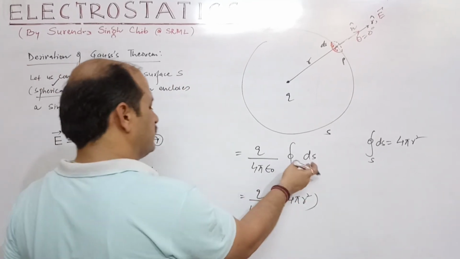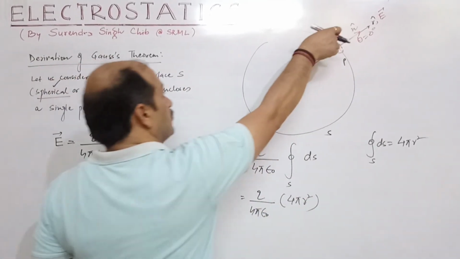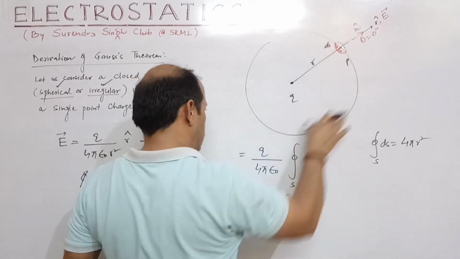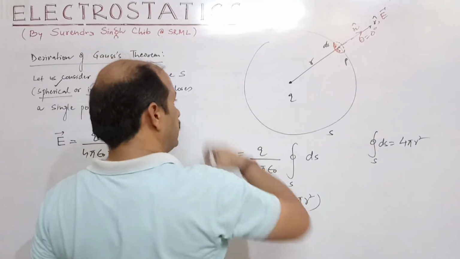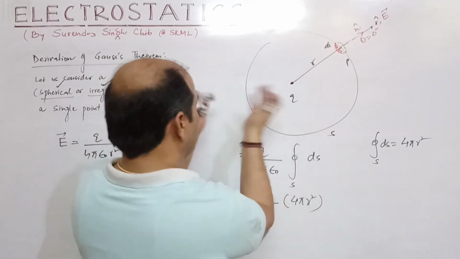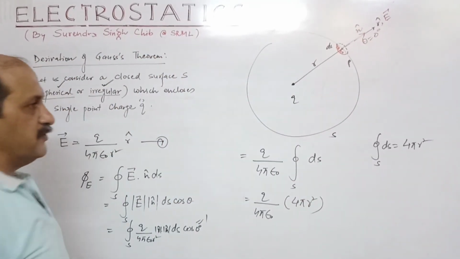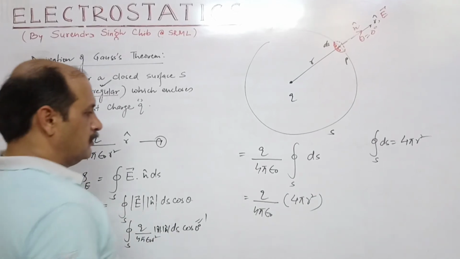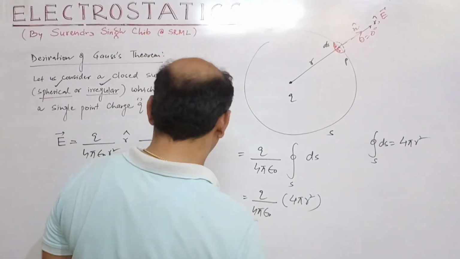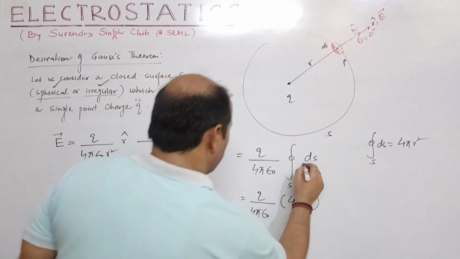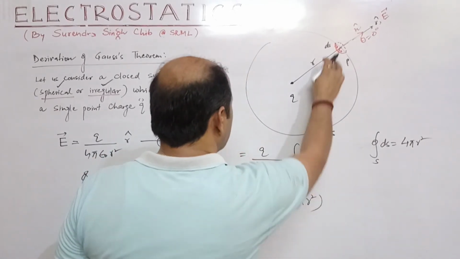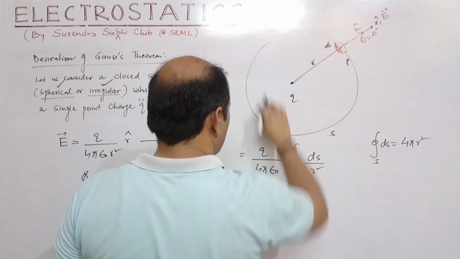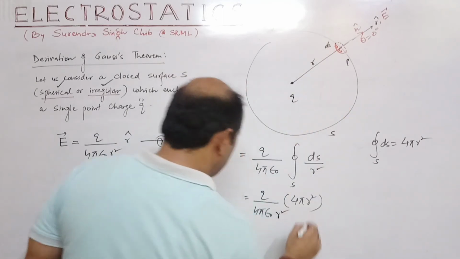There is nothing to integrate; you only have to understand that this ds is a surface element of this surface, a small part. If we integrate the whole, we get the whole surface area. And what is the surface area of a sphere? It is 4 pi r square. And r is also constant, you can take it out. ds upon r square, you can take r square also out.